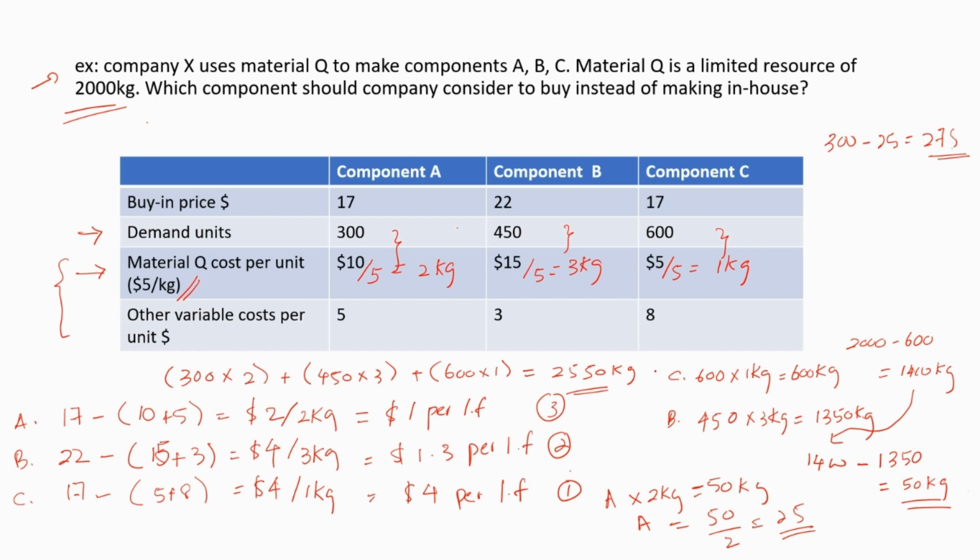As a summary, we can make the total number of component C and component B, and we can still make 25 of component A. The rest of component A we have to buy from outside suppliers because the company does not have enough material Q. I hope now you understand how to use limiting factor analysis in a make or buy decision.